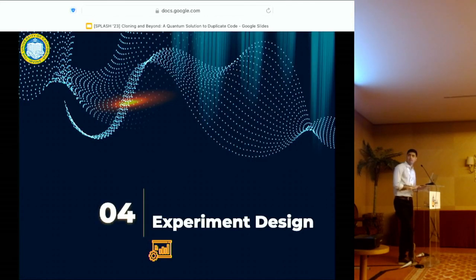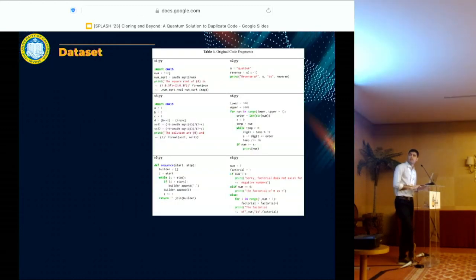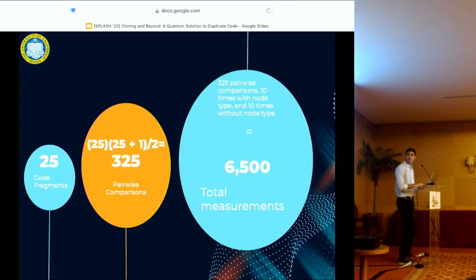So how did we design the experiment? We wrote 6 sample programs, and we created code clones of these 6 sample programs for a total of 25 code fragments, as per the transformations needed for type 2 and type 3 clones. We compared each code fragment with all the other code fragments for a total of 325 pairwise comparisons.